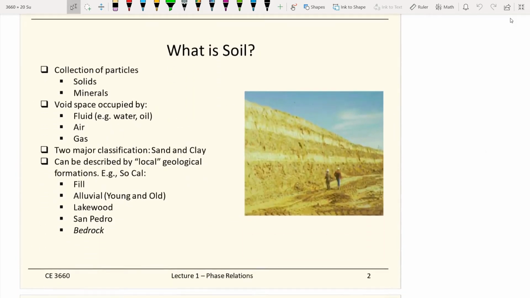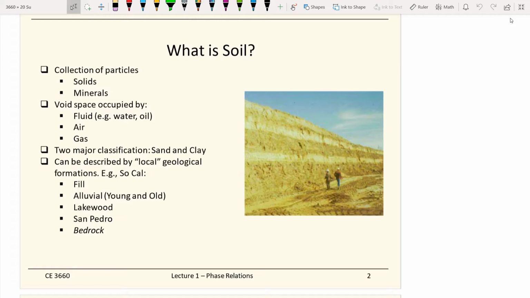So what is soil? If you look at a soil wall, or you have some soil samples you collect from the ground, you realize soil is a collection of many different particles. Those particles could be solids like sand particles, or a cohesive material, which are actually clay minerals.